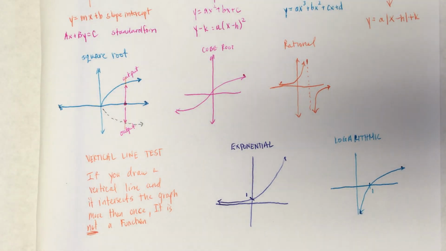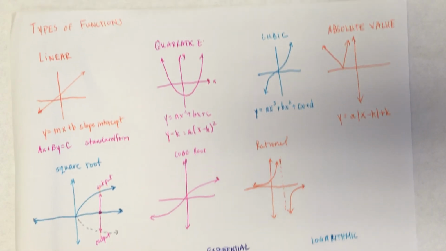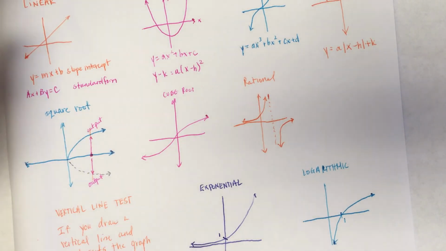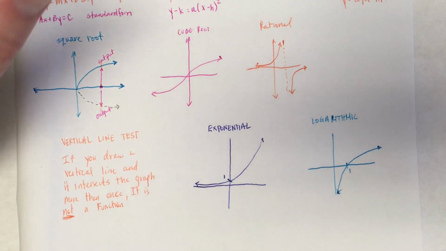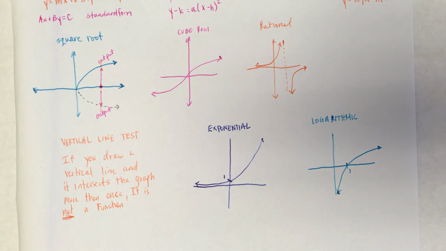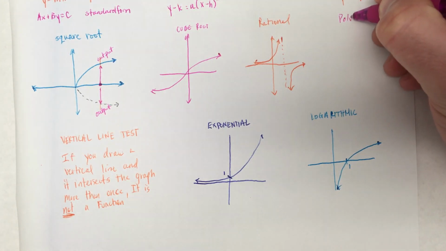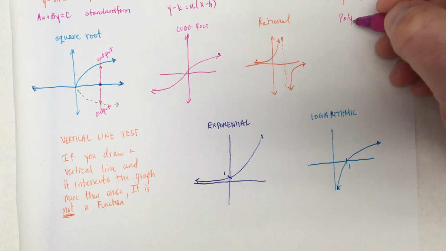And so again, just trying to give you a broad overview of functions, this input-output idea, refresh your memory on all the family of functions that we have, the types of functions that we've covered. There are more. You've got your sine, your cosine, your tangent functions. There are various polynomial functions. Again, you have your rational functions. Polynomial functions being so widespread, it's tough to give you a single one.